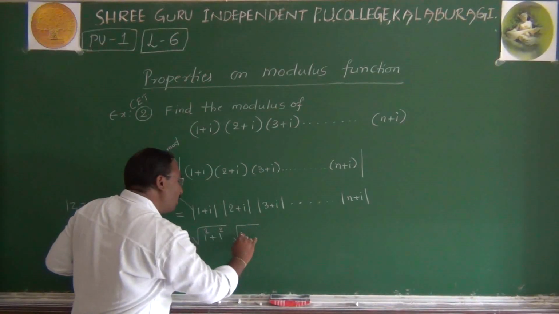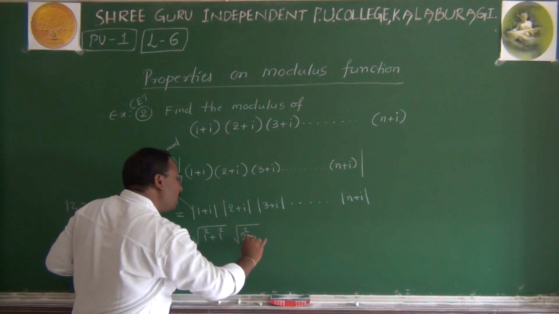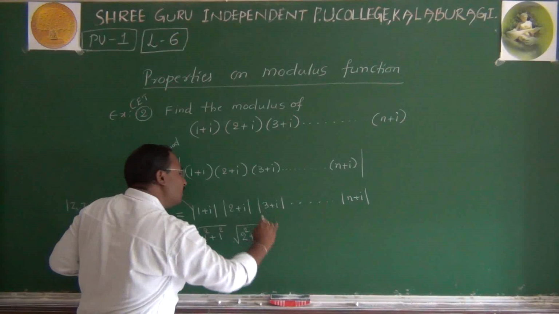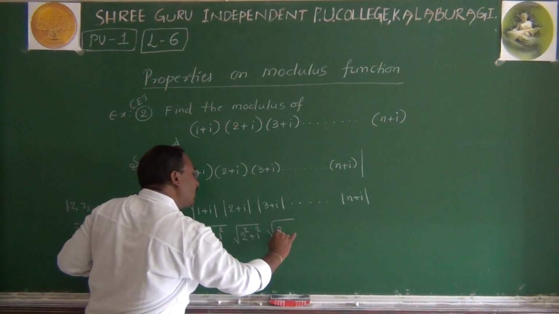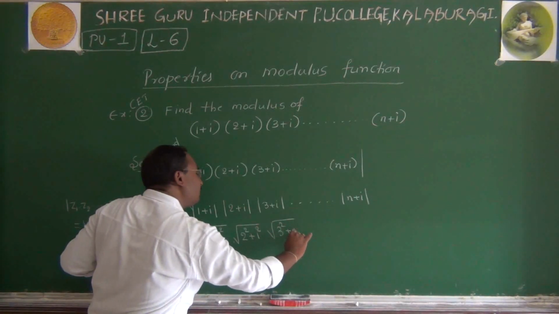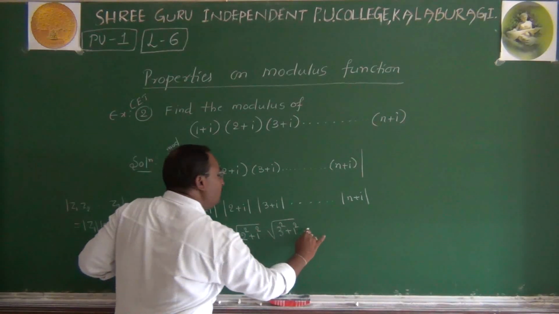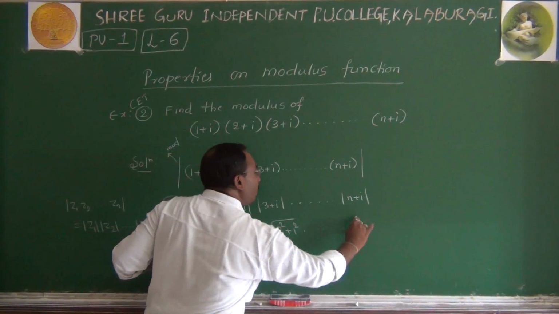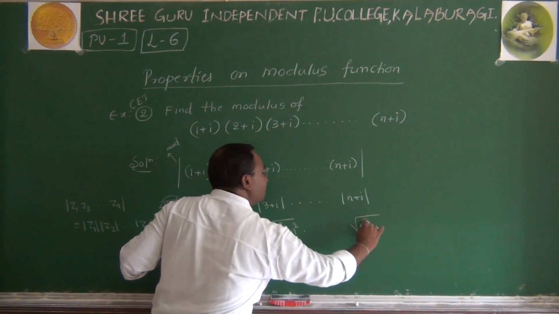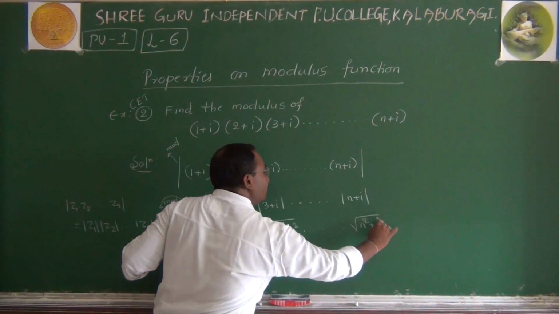For 2 plus i, the real part is 2 and the imaginary part is 1. For 3 plus i, the real part is 3 and the imaginary part is 1. So separate moduli: root of 1 square plus 1 square, root of 2 square plus 1 square, root of 3 square plus 1 square, up to root of n square plus 1 square.